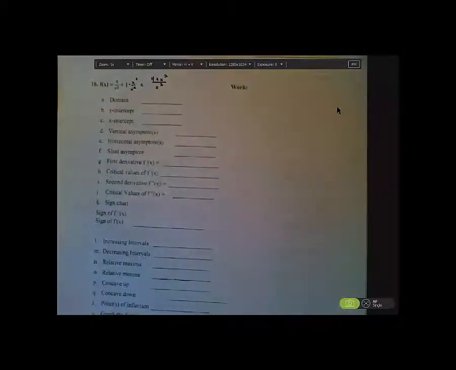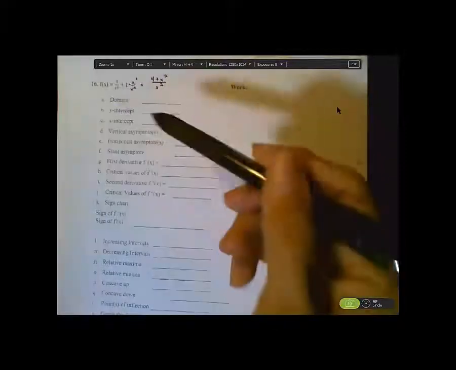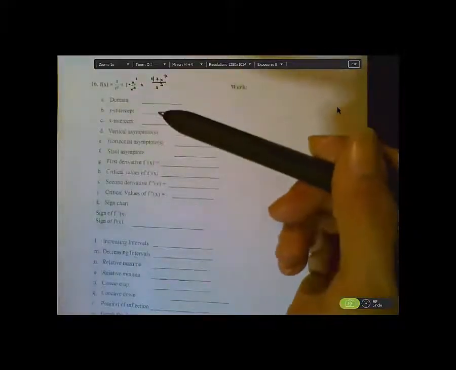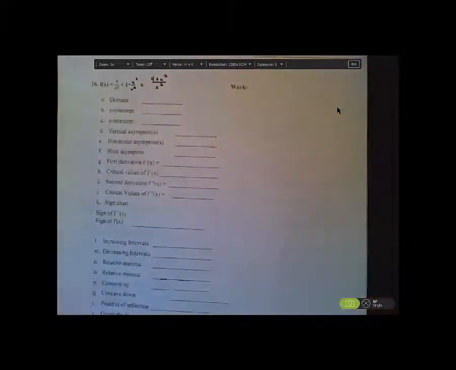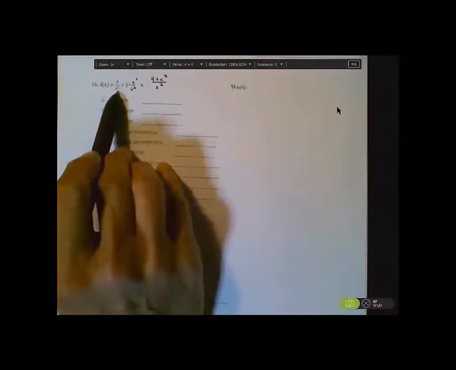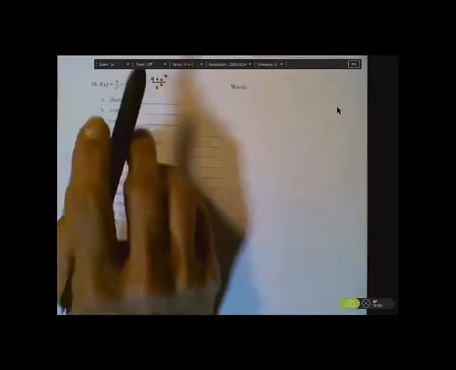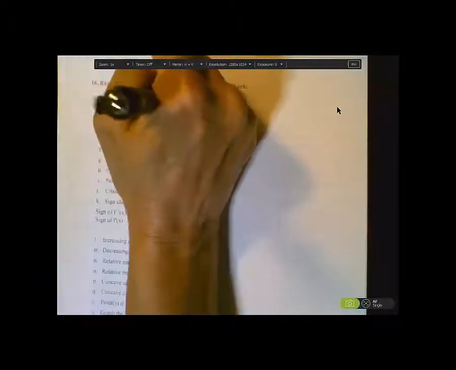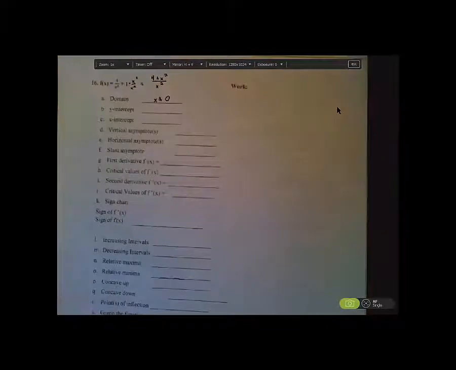When I have a single fraction, it's easier to see the domain and what makes the numerator 0 and what makes the function undefined. Actually, the domain, you could tell here or here that x could be anything but 0.